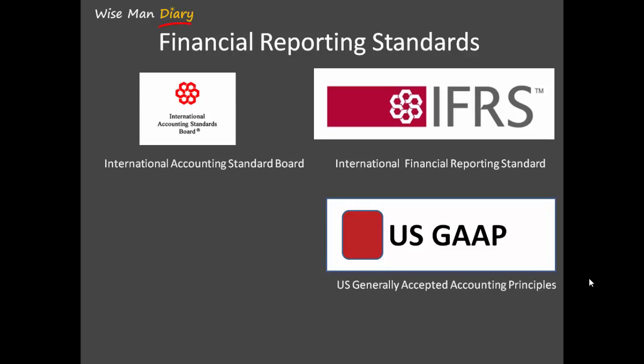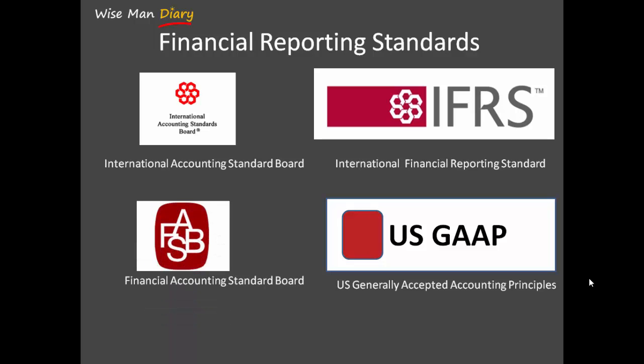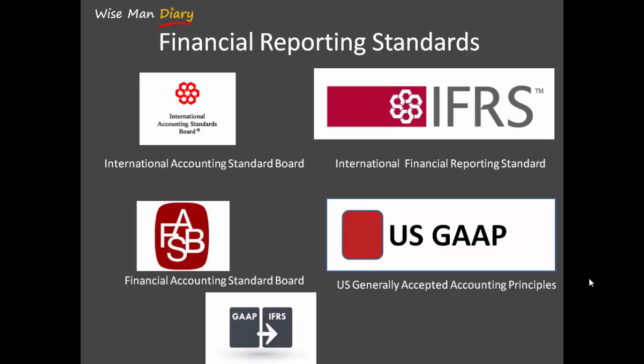The IFRS is developed by the International Accounting Standards Board, and the US GAAP is developed by the Financial Accounting Standards Board. The US GAAP is used mainly in the US, and the IFRS is used in the rest of the world. Since investors like to invest internationally, the US GAAP is converging into the IFRS and it is expected that both standards will be the same in the future.